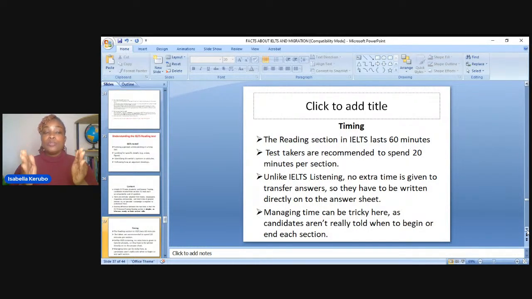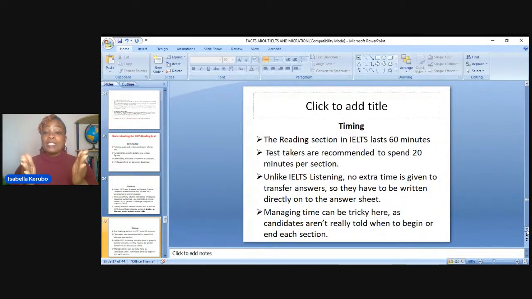So it is up to you to plan your time well, finish up all your work, and write your answers on the answer sheet within the 60 minutes. All right? Of course, you are given a question paper and an answer sheet.